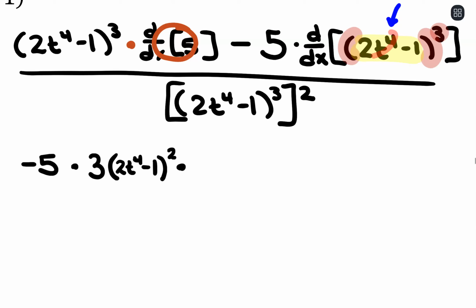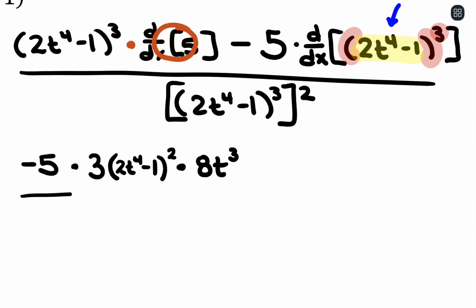So we're going to have a 2 times 4, which will give us an 8, t, and then 4 minus 1, which is 3. And then the derivative of negative 1 is just 0. So we end up with just 8t cubed. So just for this derivative part, we ended up with 2 pieces that came from the derivative of the outside function, keeping the inside, times derivative of the inside function.